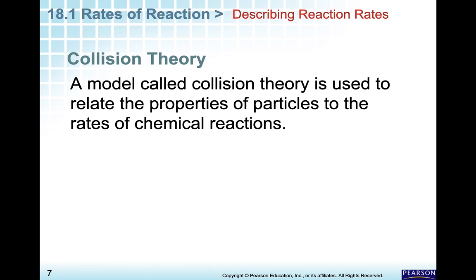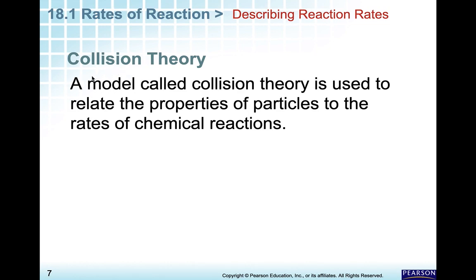So the question you might be asking is, why do different reactions have such different rates? And to answer that, we have to bring in what's called collision theory, and this is something you're already a bit familiar with.